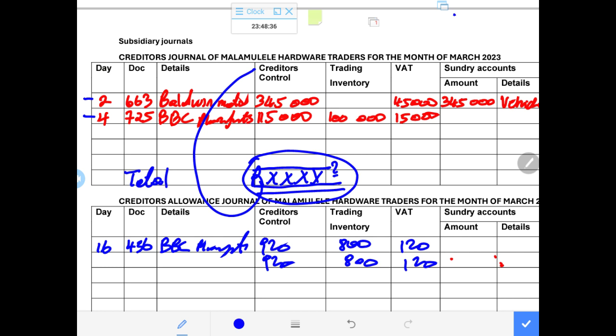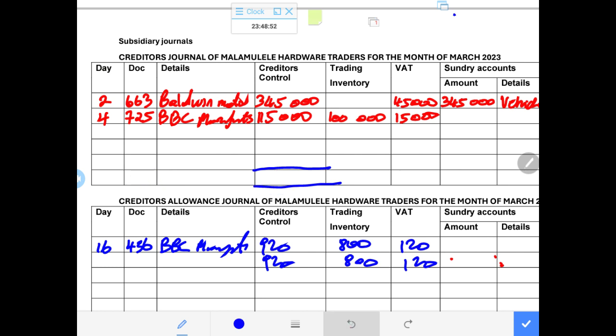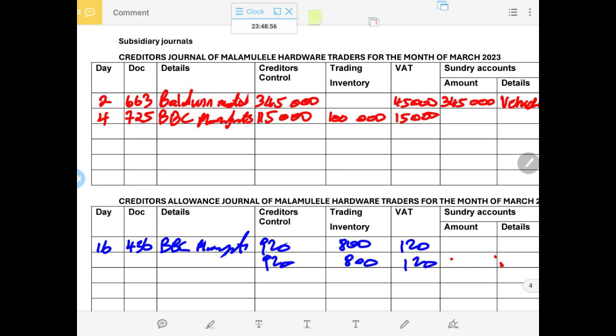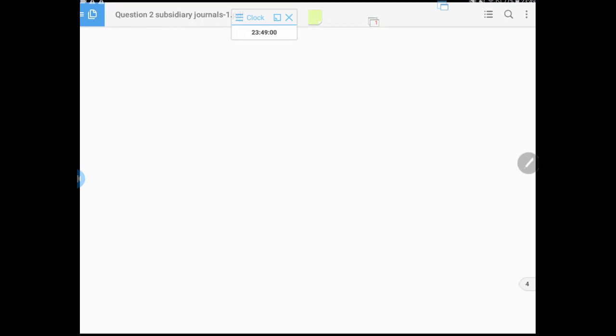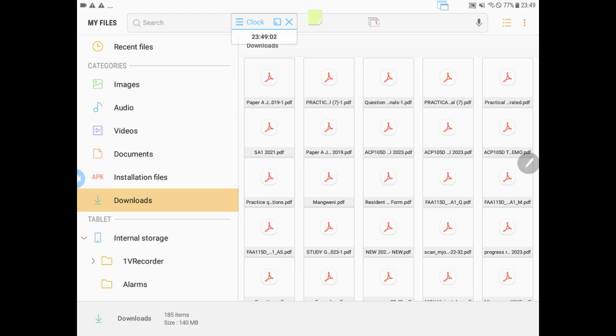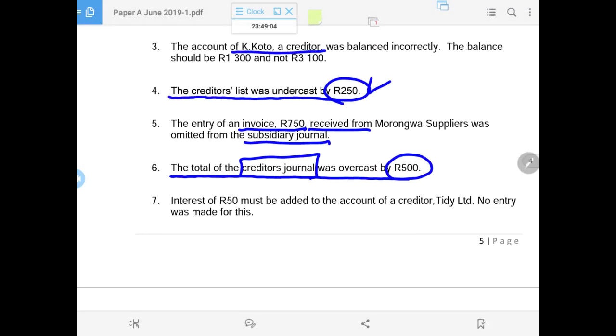So that will be adjusted in our creditors control ledger account, not under the list of creditors, because the individual creditors were not affected. All was well with them. Sorry to take that time, but I also wanted to show you when you say the total, what we are referring to.